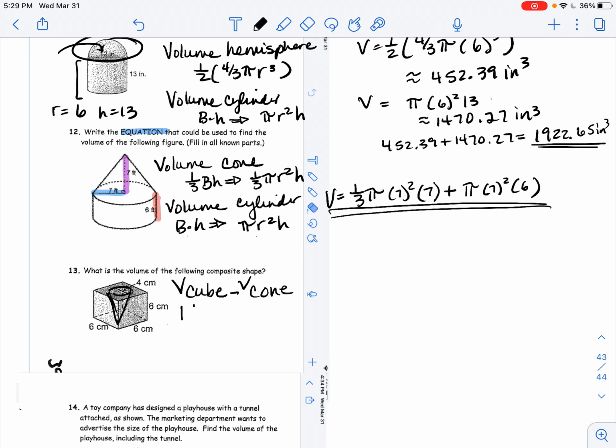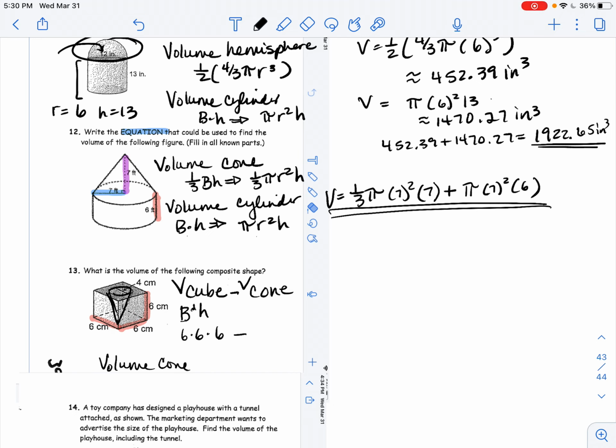All right? And so the volume of the cube is base times height. And so the area of the base, length times width, that's going to be 6 times 6 times 6. Because all of the dimensions on the cube are the same. So then we're going to subtract the volume of the cone.